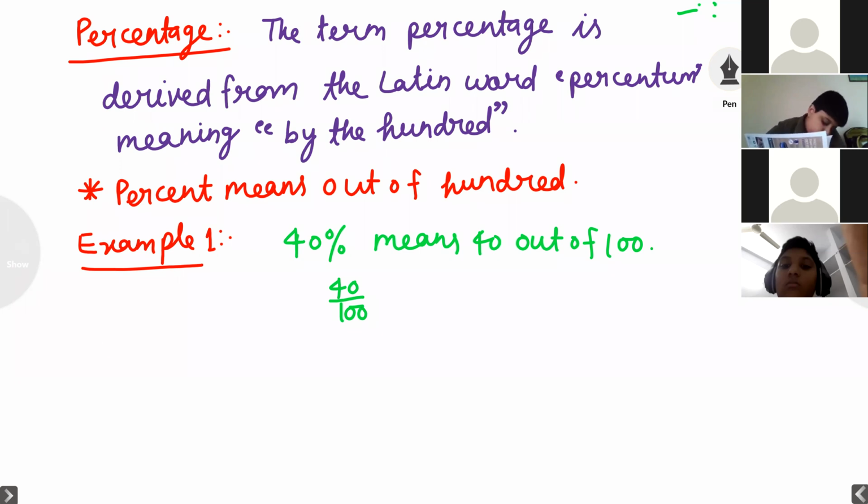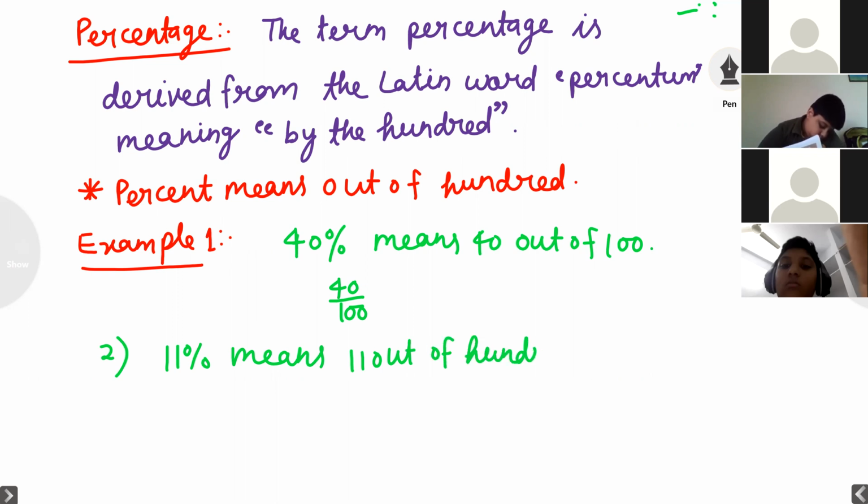Second example, 11 percentage. 11 percentage means 11 out of 100. 11 by 100. This is not 110.